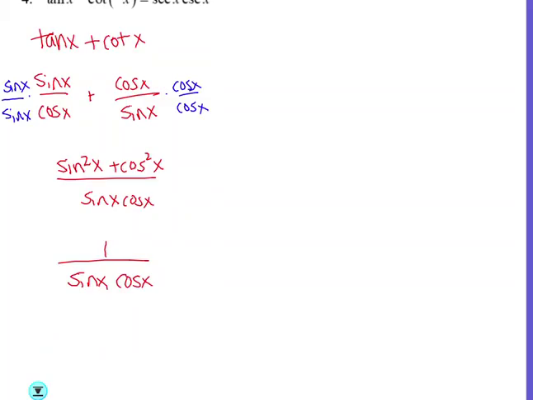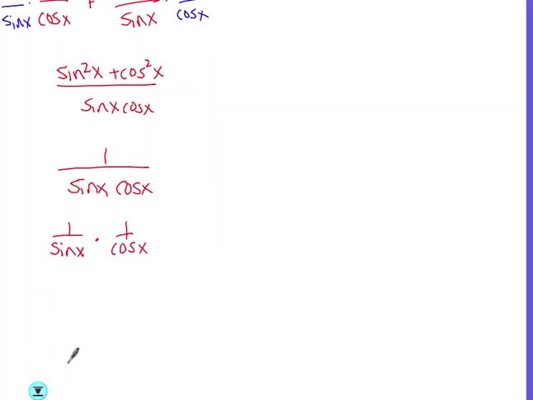Now, we can split up this fraction so that I have 1 over sine of x times 1 over cosine of x, which gives me cosecant of x times secant of x.